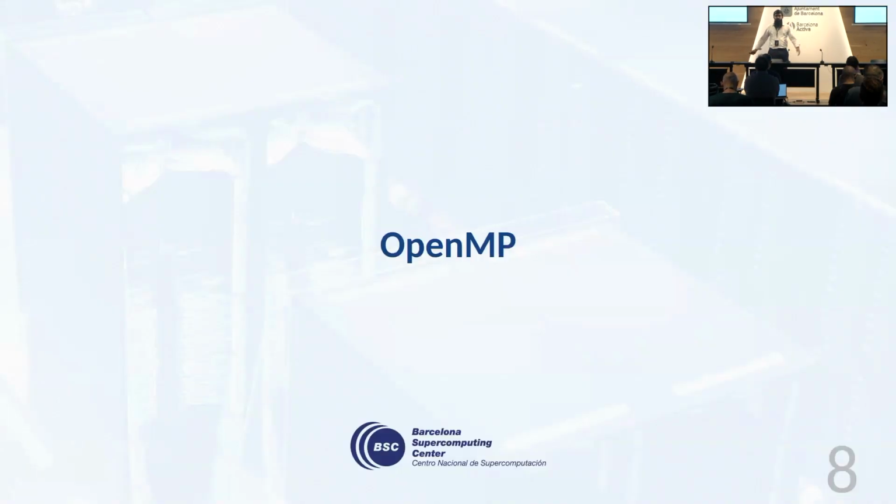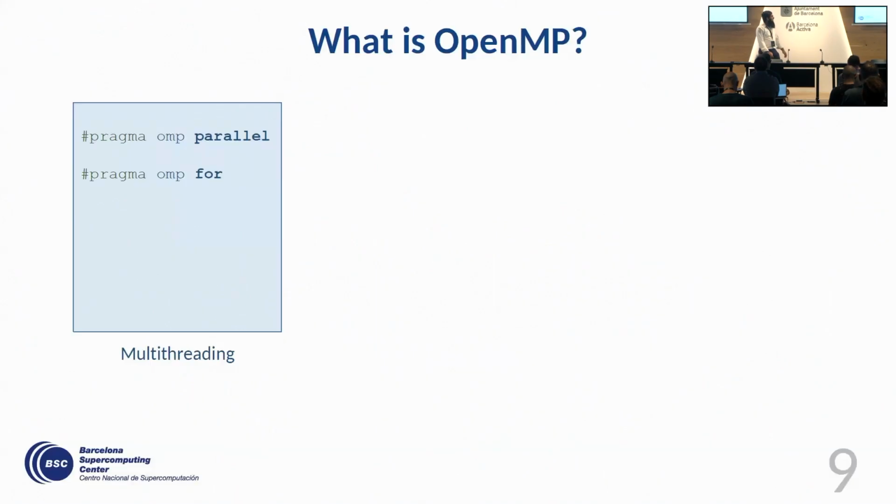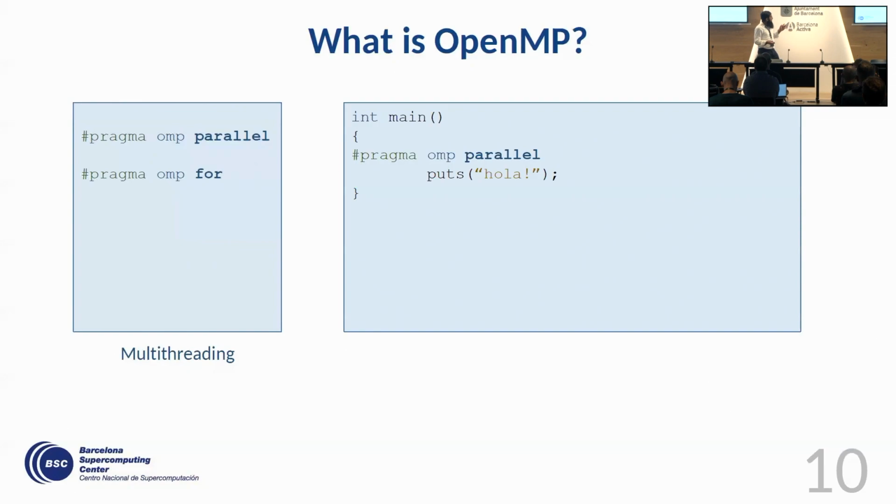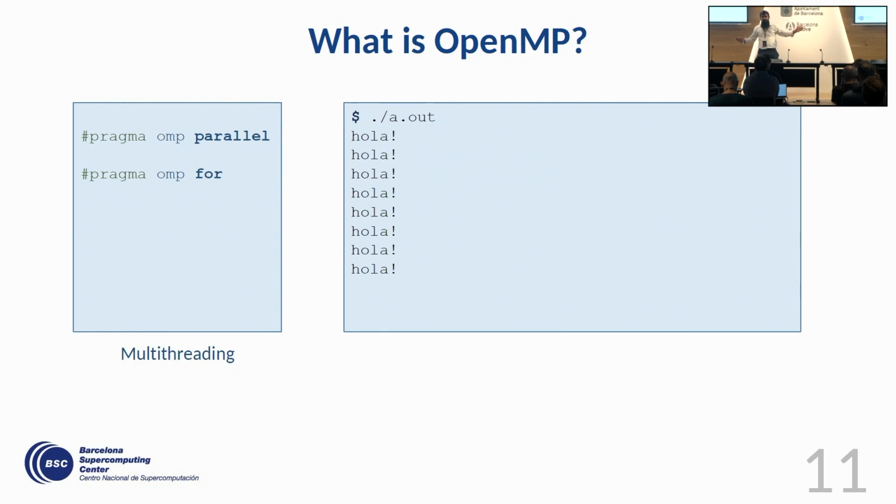So, OpenMP. How many people here are familiar with OpenMP? Wow, cool. Sorry, it will be just a little introduction. In OpenMP, we can do multi-threading, basic stuff: pragma omp parallel, parallel for, and the code becomes multi-threaded and runs on all of the cores.